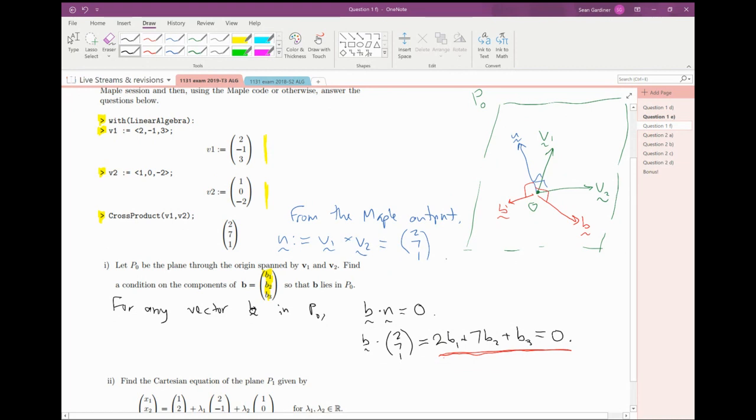It's the same approach, but an alternative method might have been to say, by the point normal form of the plane, any vector b in the plane dotted with the normal vector n must equal the normal vector n dotted with the direction vector for any point in the plane. And of course, we know one of the points on the plane is the origin, which is how we get 0 on our right-hand side.